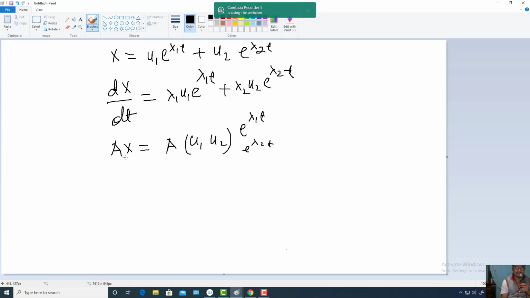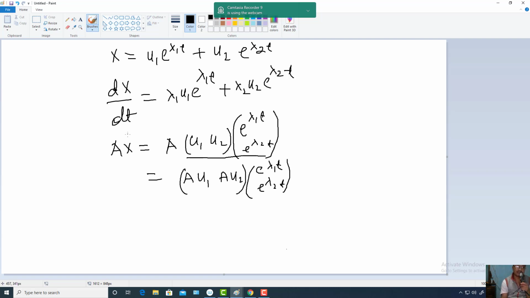I have already shown you that x can be written in this form. So the multiplication gives the matrix A u1, A u2, multiplied by e to power lambda 1 t, e to power lambda 2 t.